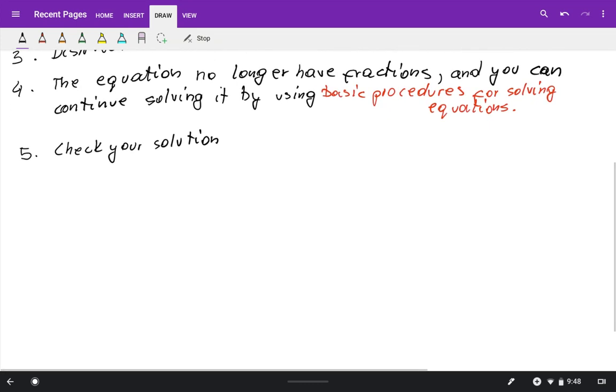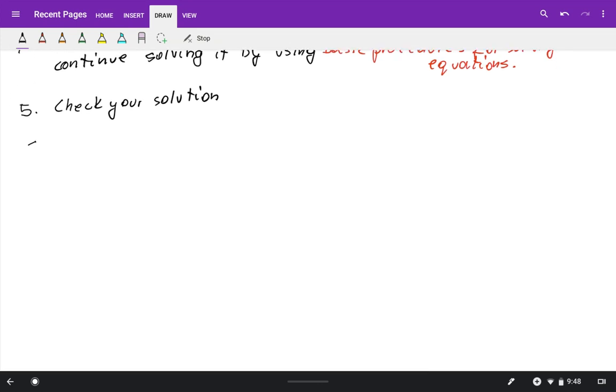Let's do some examples. Example 1, solving linear equations with fractions.